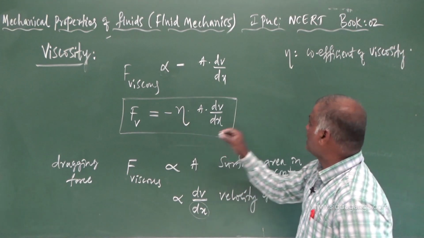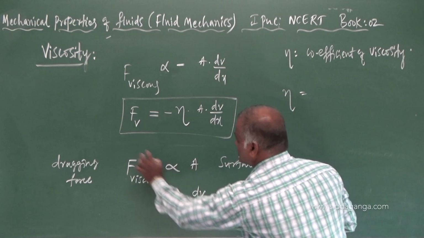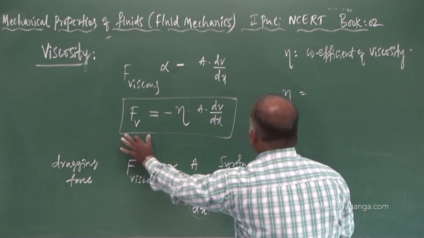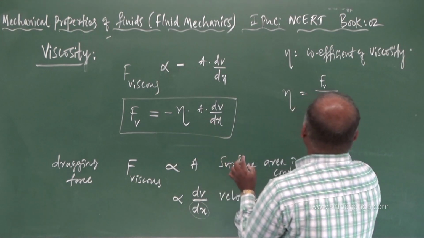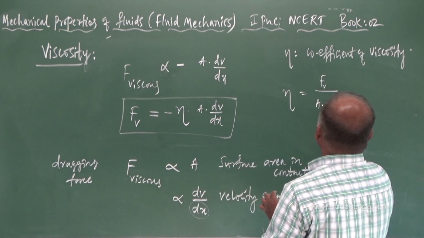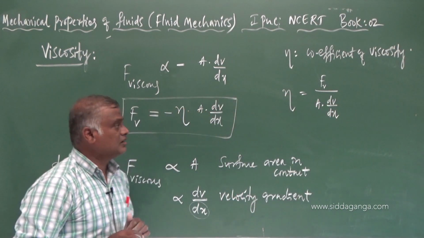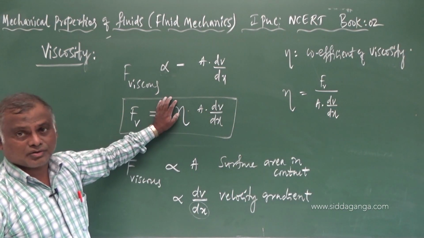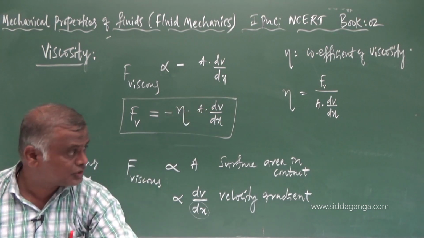Now in this formula, taking magnitude, eta is equal to the viscous force divided by A into dV by dx.